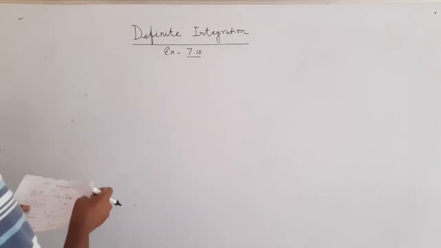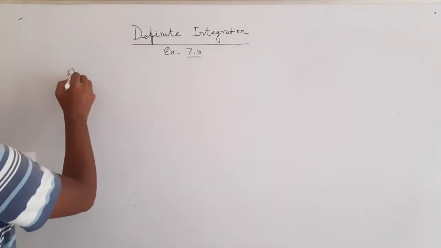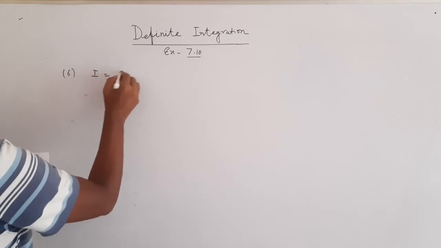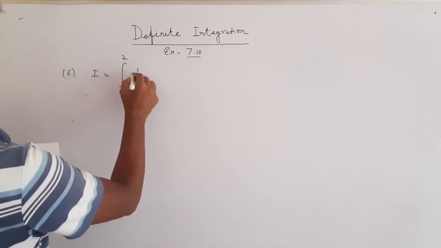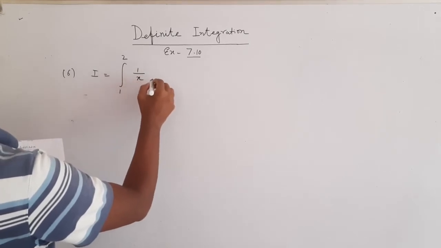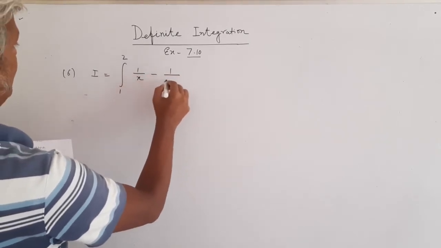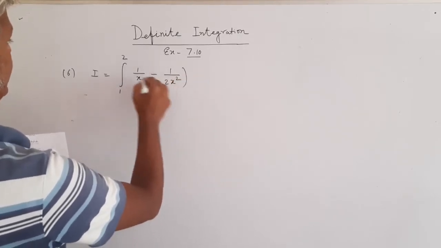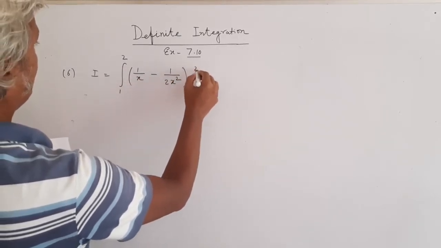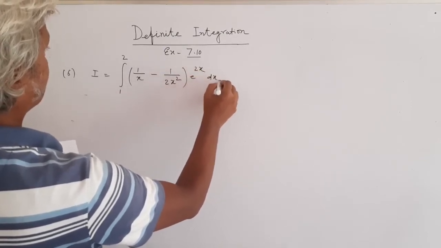Now this is question number 6. Find the integration I, that is from 1 to 2, 1 over x minus 1 over 2x square, and e to the power 2x dx.